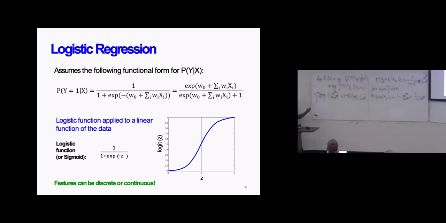Now, what do we do? We further simplify our life. yj times, so we break it using the log formula: minus log of 1 plus e to the power z, plus 1 minus yj times log 1, minus 1 minus yj times log of 1 plus e to the power z. Right?